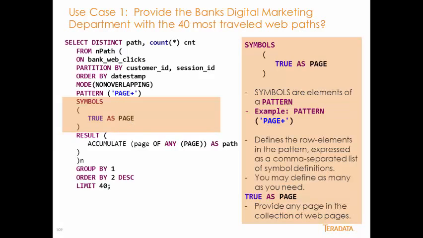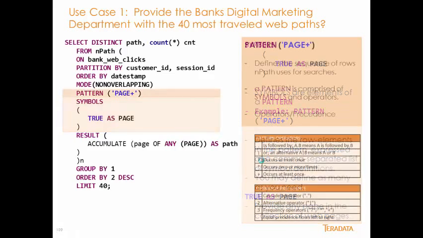So I can look for other events of interest inside of this, and we would define the page right here, and we'd say page as bank manager enrollment. And we could look for any type of symbol that we wanted to. We'd take that symbol and make that an element of our pattern. Page plus means that this symbol must occur at least one to many times. So that's what this is all about.